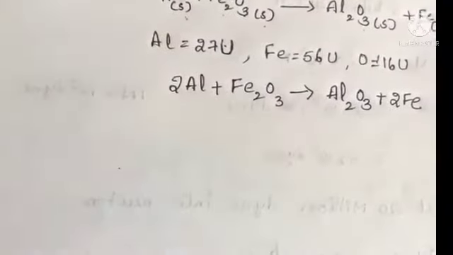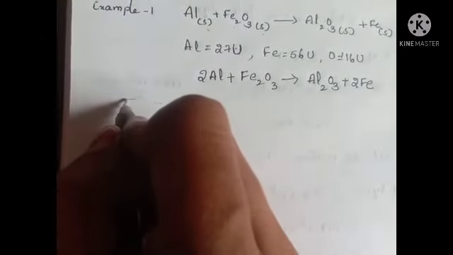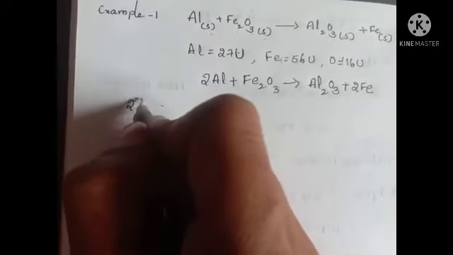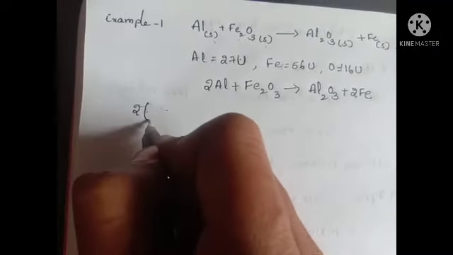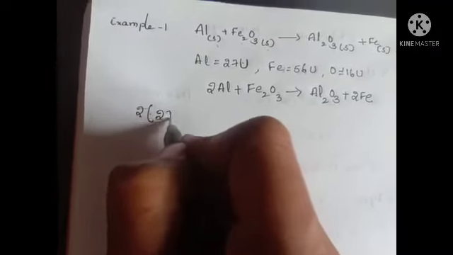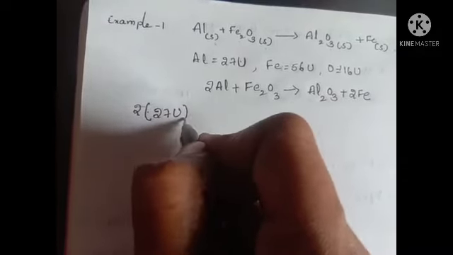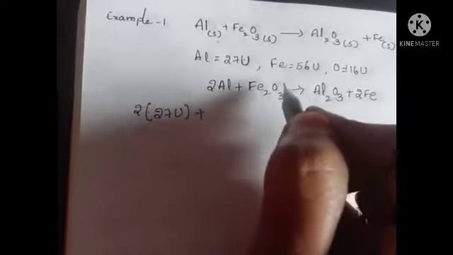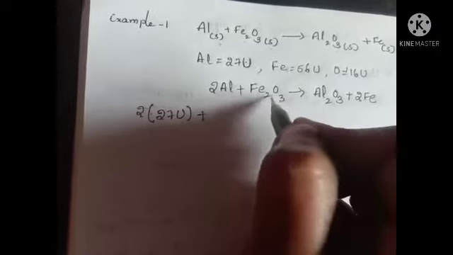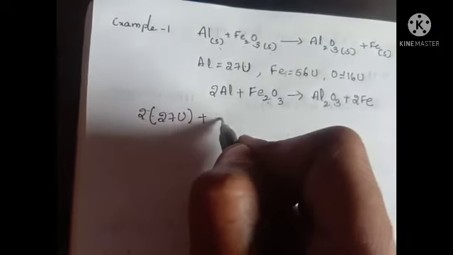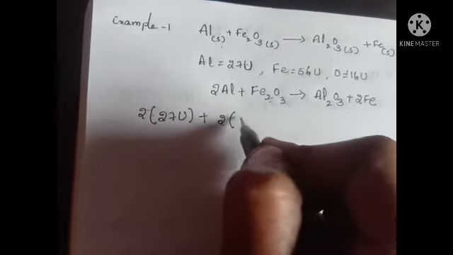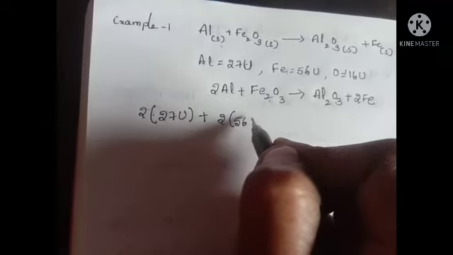Now do the problem. 2 times aluminium, with atomic mass 27 unified mass, plus ferrous oxide. Then 2 times ferrous atomic mass is 56 units.